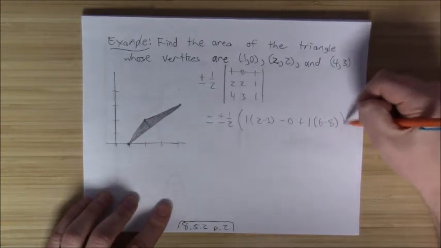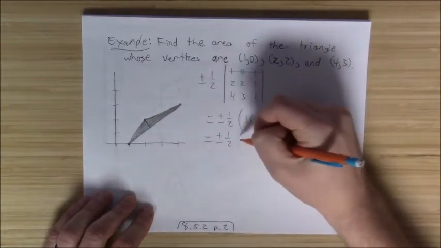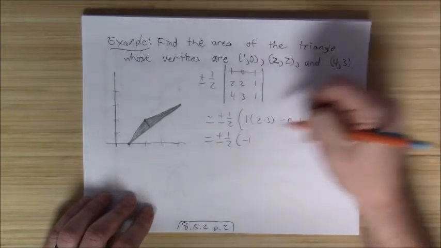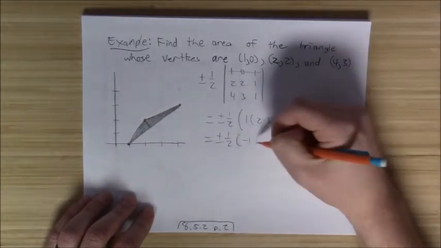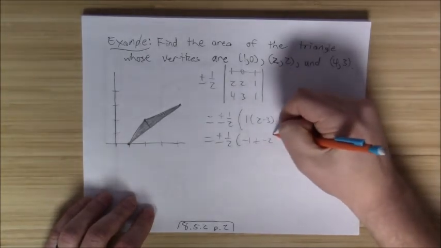So we have plus or minus 1/2 times negative 1 plus 6 minus 8, which is negative 3.